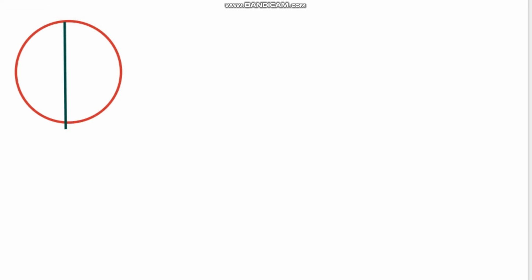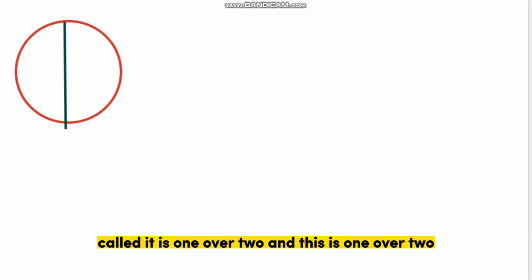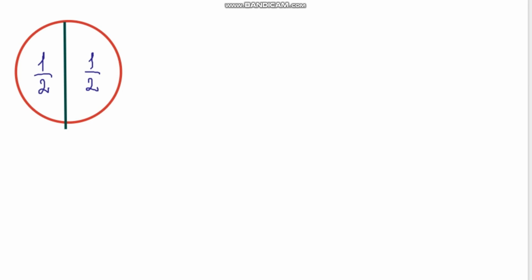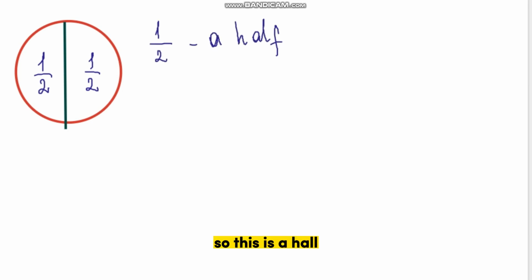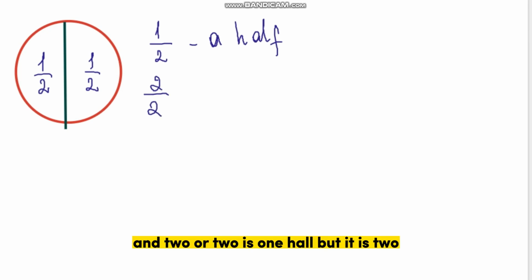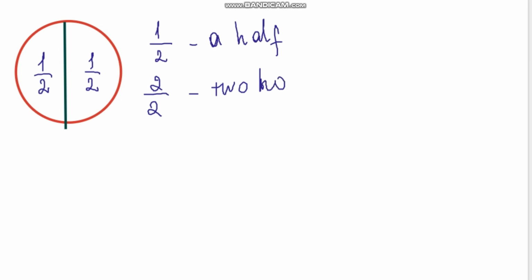This is 1 over 2 and this is 1 over 2. So this is a half. 2 over 2 is 1 whole, but it is 2 halves.